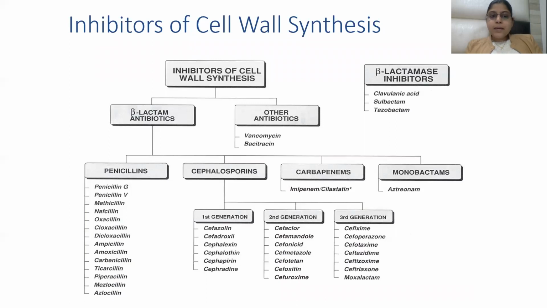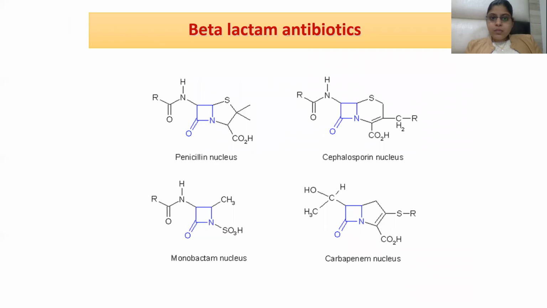I'm going to discuss the penicillins in this class, along with the beta-lactamase inhibitors. These are the various penicillins, and the beta-lactamase inhibitors are clavulanic acid, sulbactam, and tazobactam.